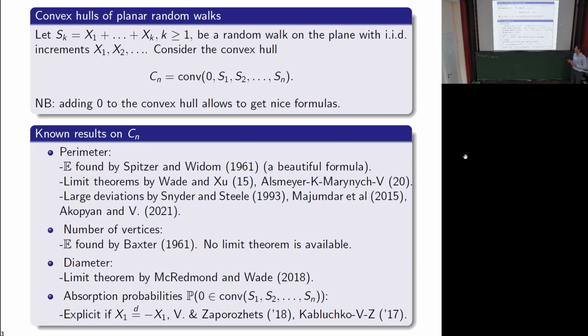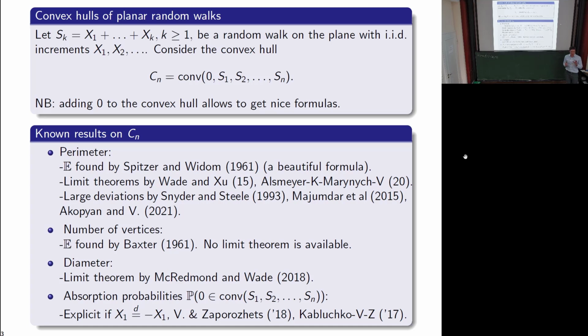Just to quickly mention, it all started with a very nice formula by Spitzer and Widom, which gives an explicit description for the expected perimeter. Beautiful formula. This is one type of result, and apparently there is a similar formula for the number of vertices by Baxter.